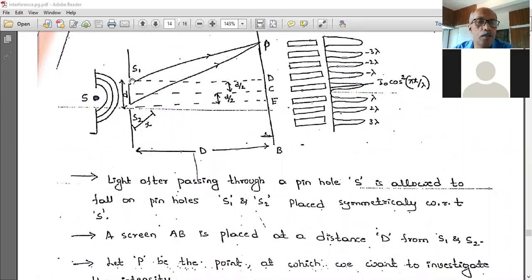The two slits S1 and S2 are separated by a small distance d. The distance between the slits and the screen where the interference fringes will be obtained is capital D.